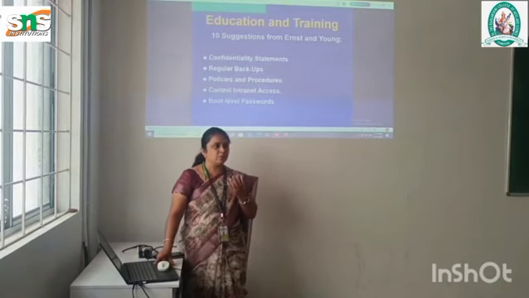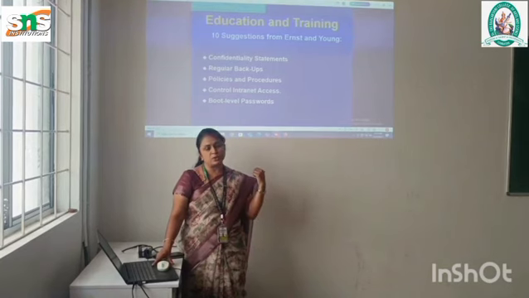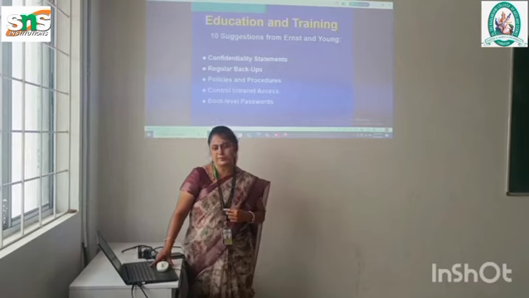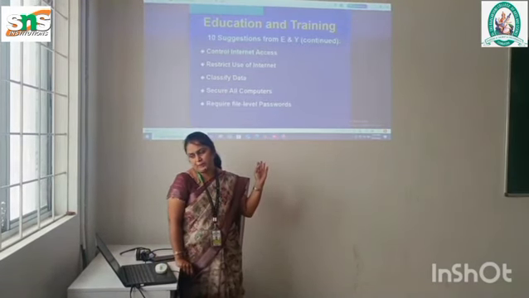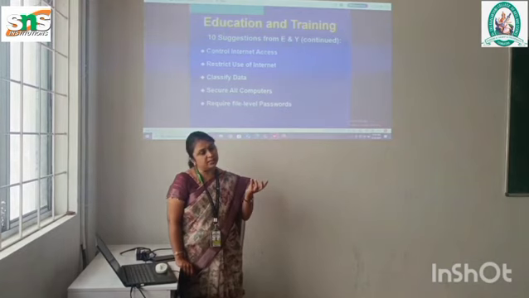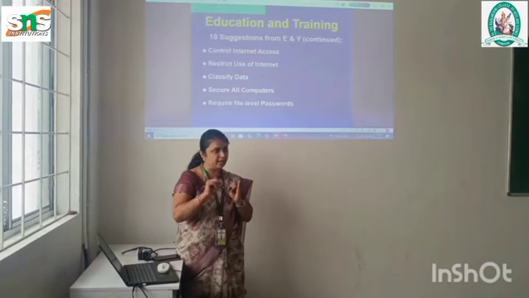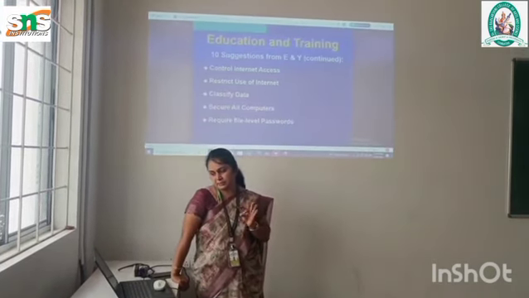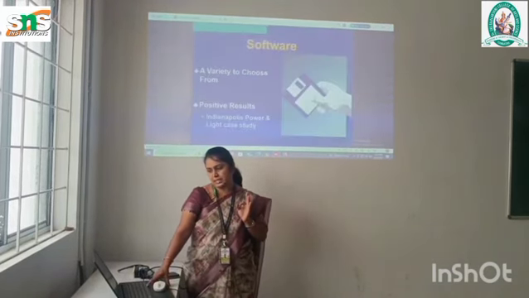Update the virus protection in your systems. Know the policies and procedures. Control internet access at the boot level with passwords. We can control internet access by changing passwords, restricting the use of the internet, classifying the data, securing all computers, and requiring file-level passwords.